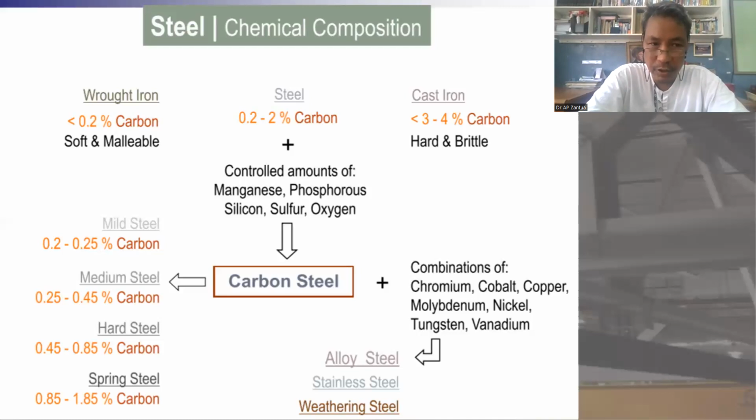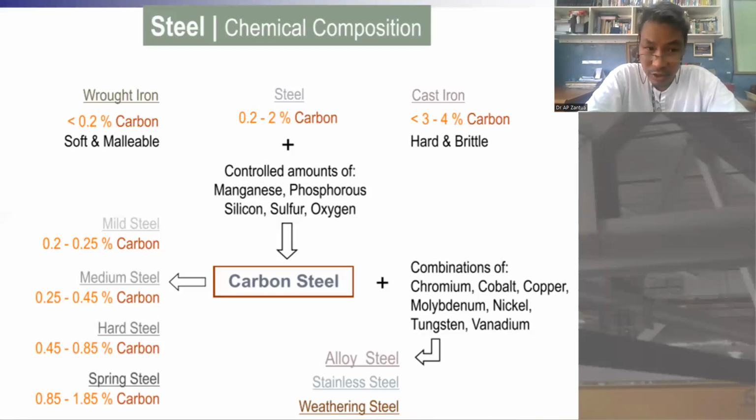How about mild steel? That is 0.2 to 0.25% carbon. So it is very near to the properties of wrought iron. Then we have medium steel, 0.25 to 0.45% carbon.